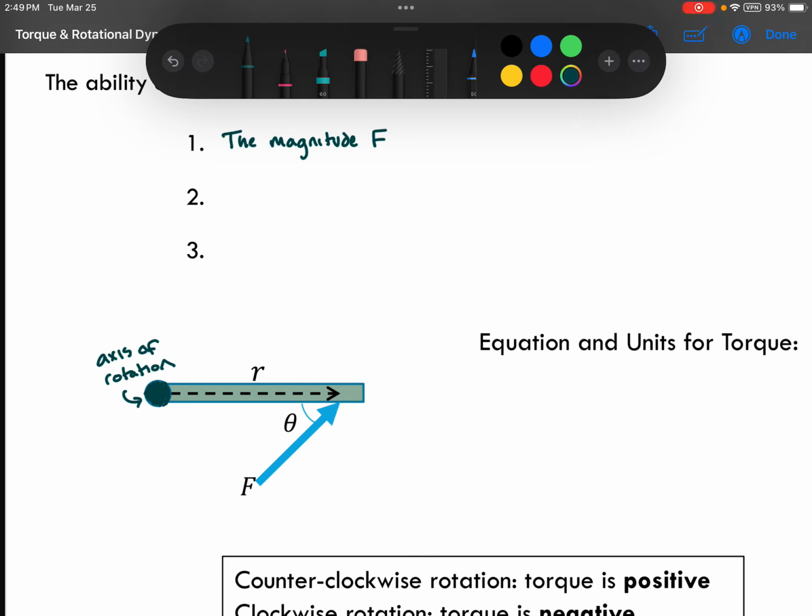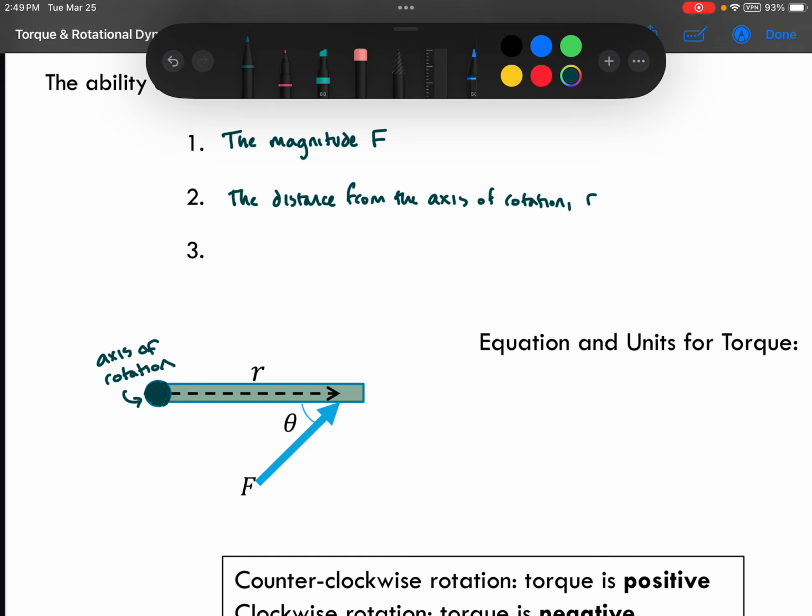So the next factor is the distance from the axis of rotation, and we're going to label that r, lowercase r.